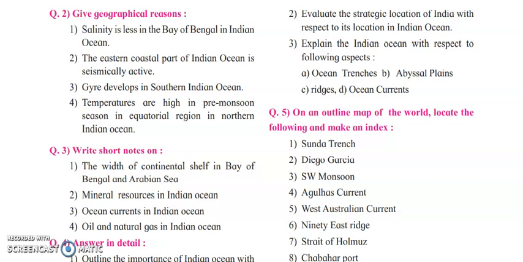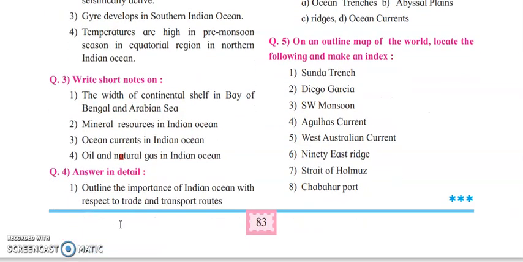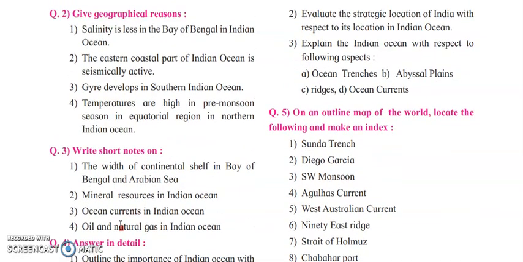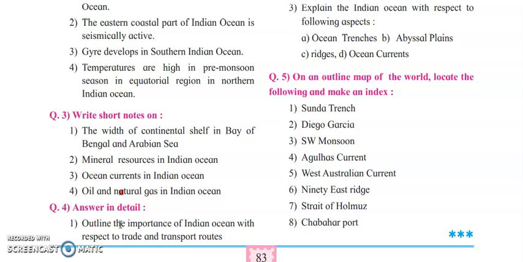Total amount, that is 40% of the world's oil production, or mineral oil and natural gas production, comes from the Indian Ocean itself. So all the bordering countries like South Africa, Indonesia, Saudi Arabia, Iran, Sri Lanka, all of them are exploiting it tremendously.